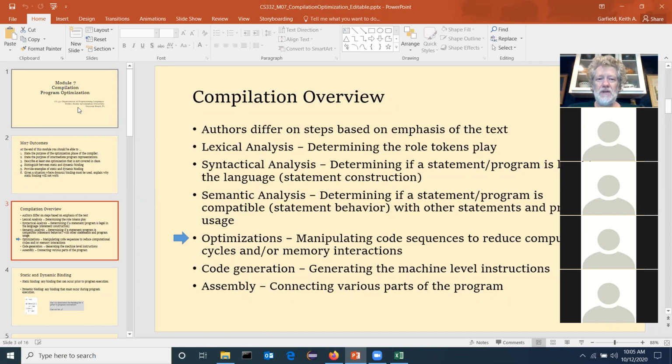So, different phases of compilation, and again, different authors will use different groupings based on what they emphasize. And this is about optimization. We don't discuss code generation and assembly.